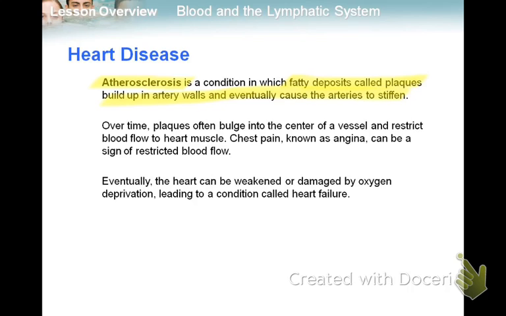Those plaques can either restrict blood flow or completely clog it. This can result in chest pain, known as angina, and that can be a sign of restricted blood flow. The heart can be weakened or damaged by oxygen deprivation, and this is called heart failure.